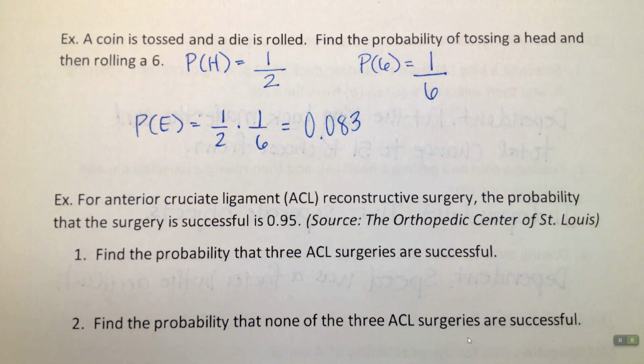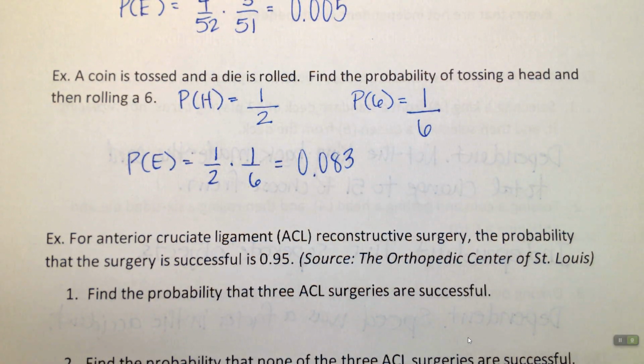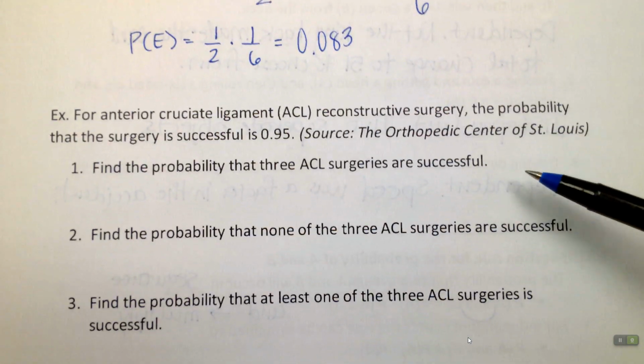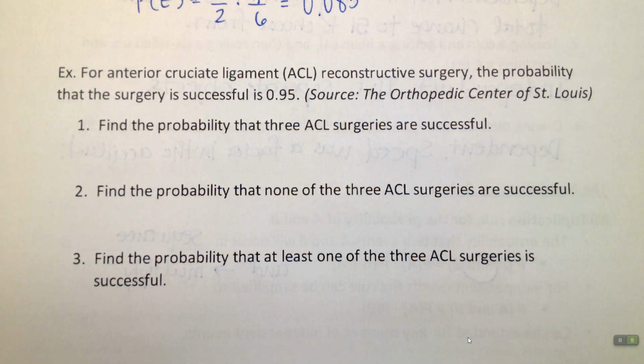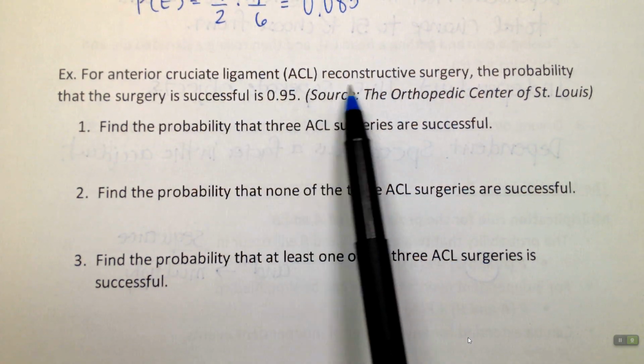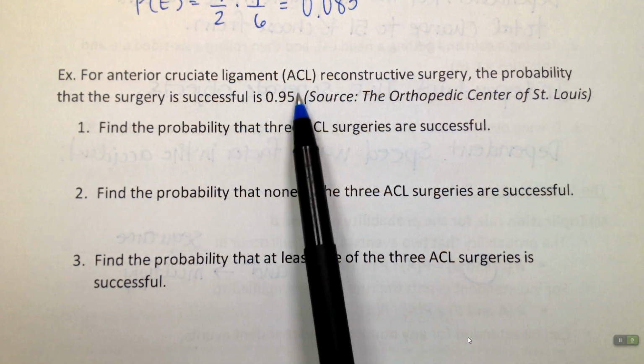Alright, the next one. So here we're actually making up our fractions. In the next multiplication rule, they give us the probability, and we're doing something over and over again, which means we're working that fundamental counting principle. For ACL reconstructive surgery, the probability that the surgery is successful is 0.95.